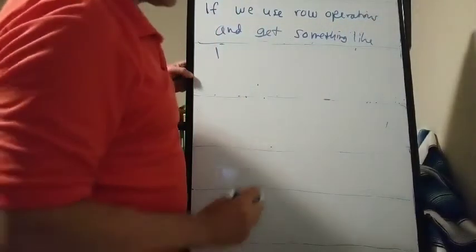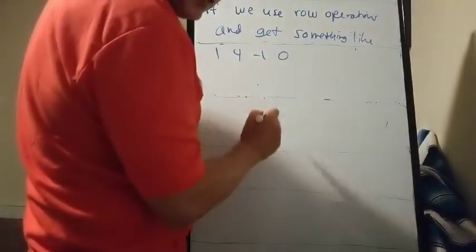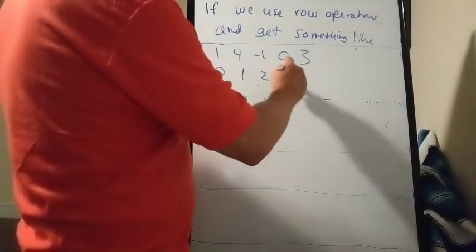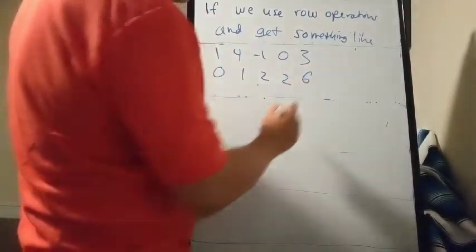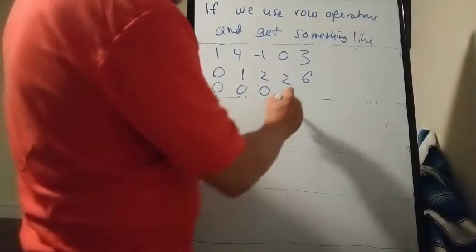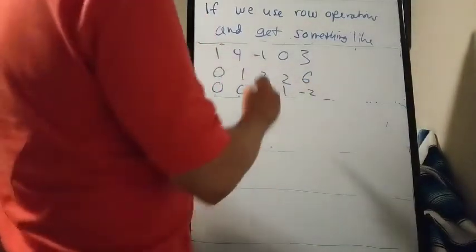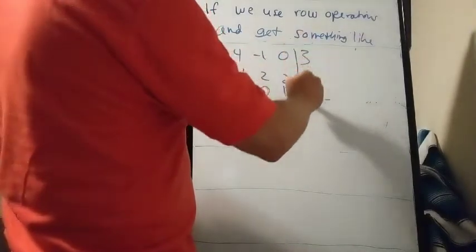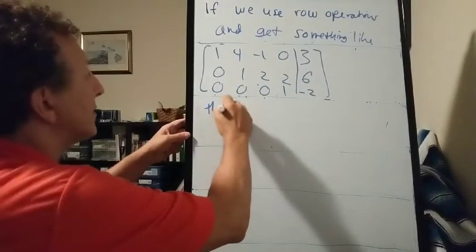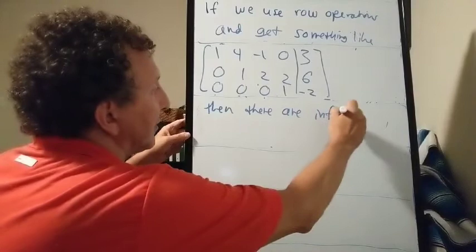Something like, let's say, 1, 4, negative 1, 0, 3, 0, 1, 2, 2, 6, 0, 0, 0, 1, negative 2. Then there are infinitely many solutions.